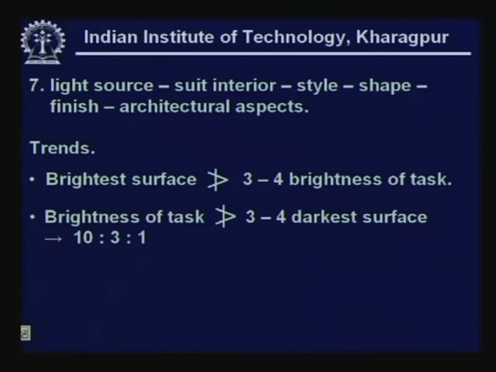What does this lead to? I told you there should be a relationship between the darkest object, brightest object and the task. So, the brightness ratio which is believed to give rise to this kind of a thing would be 10:3:1.